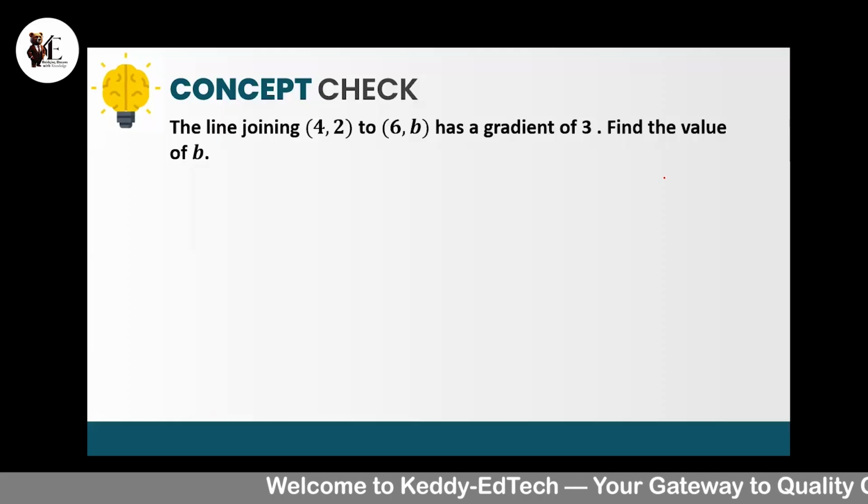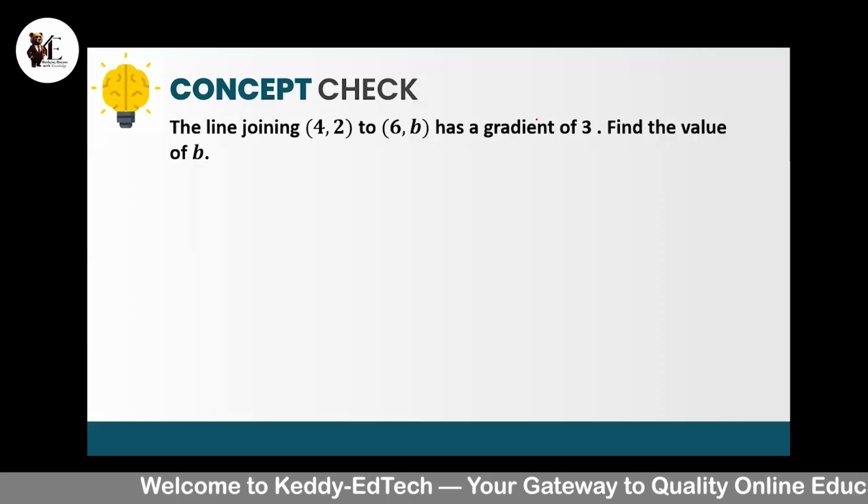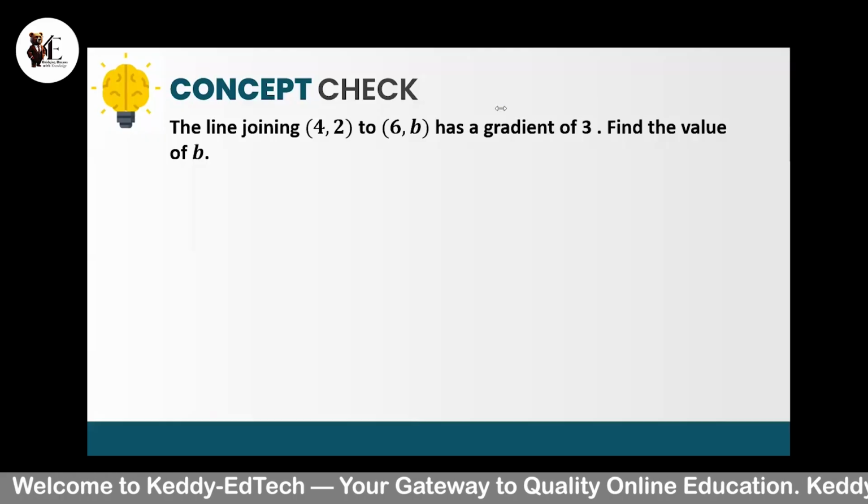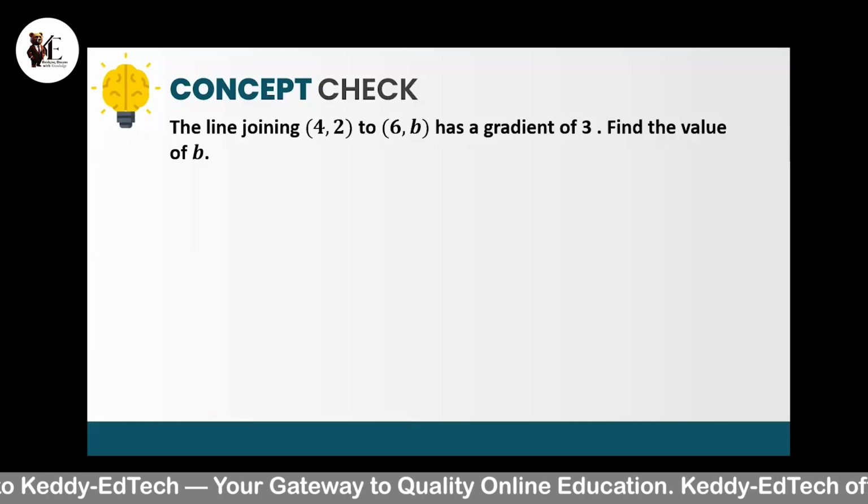Okay, so everyone has given the answer, and it's the same answer, that is 8. So no point in solving this question. Let's move to the next.